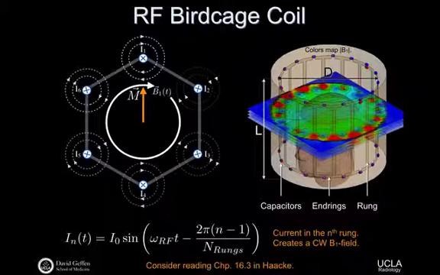We had an expression maybe two lectures ago, but the torque acting on the spin system was mu cross B. In this case, what we're talking about is B1, right? So if the mu vector and the B1 vector are parallel, then they don't act on each other, or there's no torque exerted. We have to exert a torque to get this thing to do something. And again, don't think about it as turning them on and off. You have an oscillatory current, and they're out of phase between the different rungs.